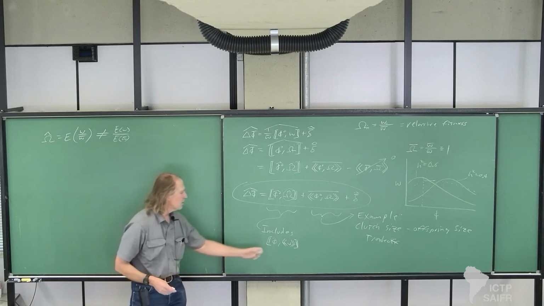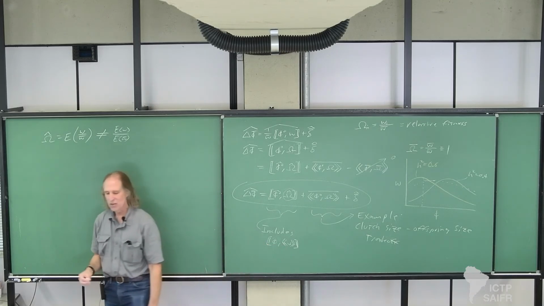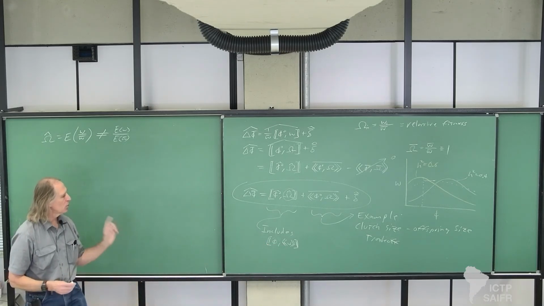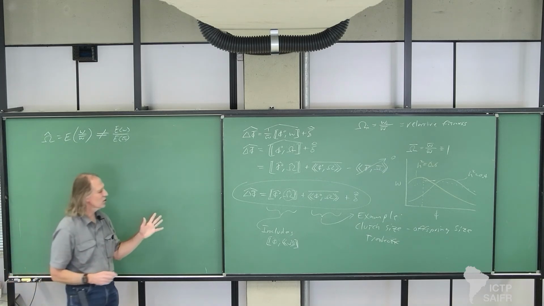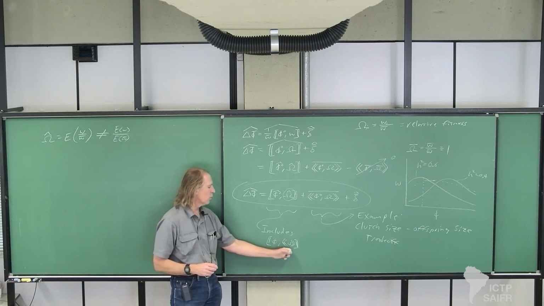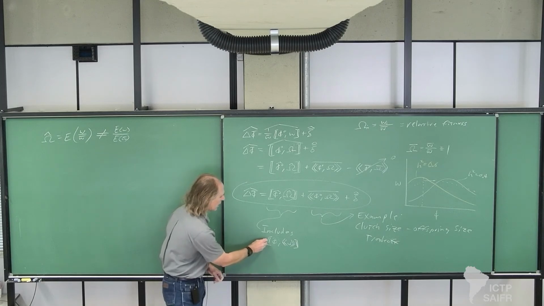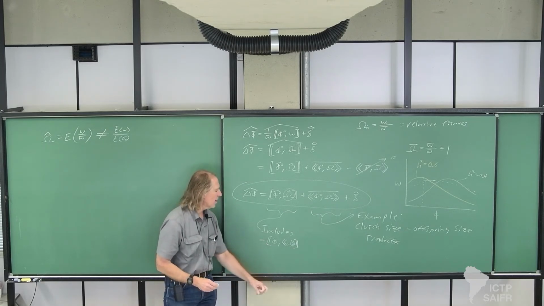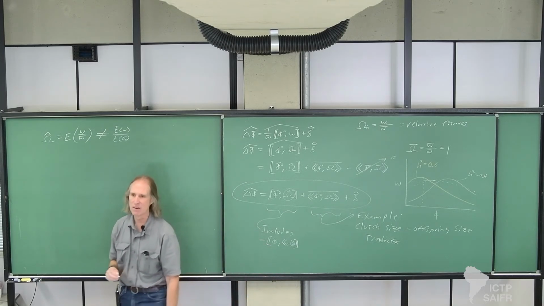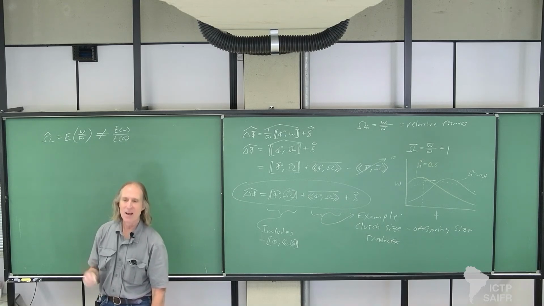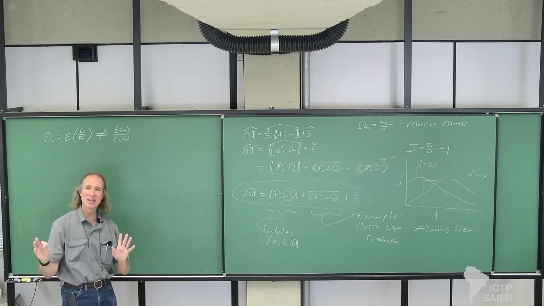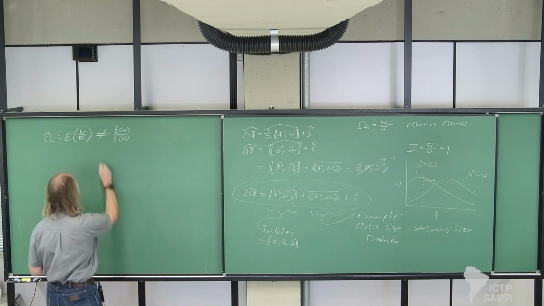In other words, things are selected to, or not, you may call this selection, you may not call it selection. Things tend to evolve in such a way, and this has a minus sign in front of it, in such a way as to minimize fitness variance. And just to let you know that this happens, I'm just going to give an example, and you can play with this on your own.